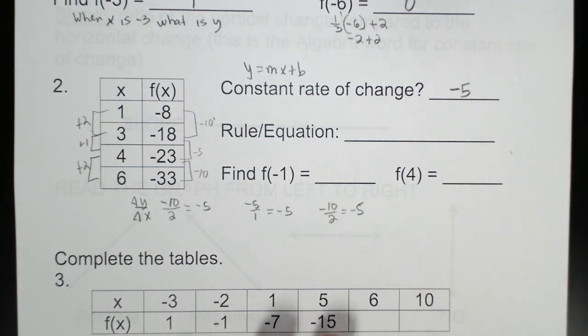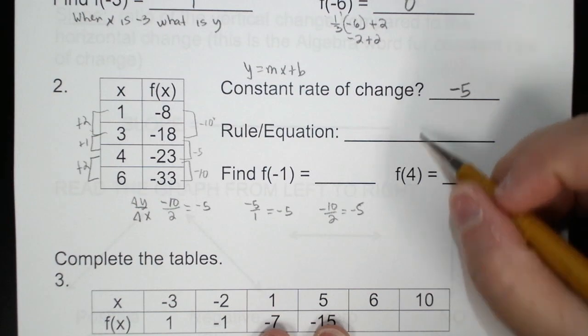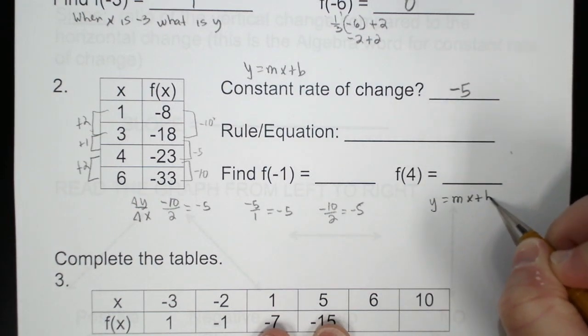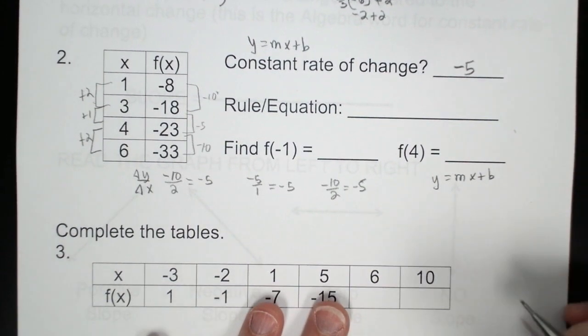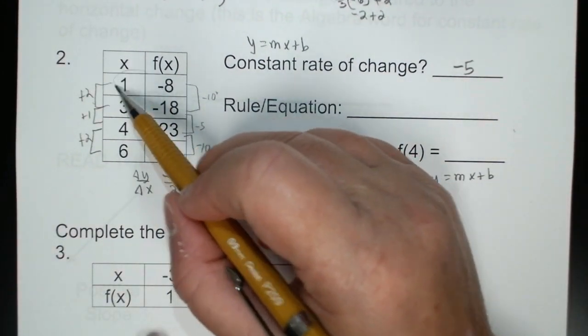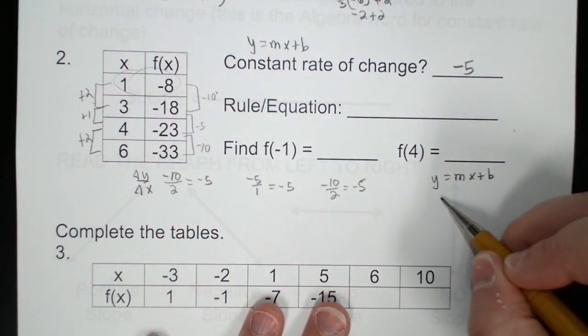So now I have a slope. I don't have a b. I have an m, I don't have a b. y equals mx plus b. I'm just going to pick the 1, negative 8.